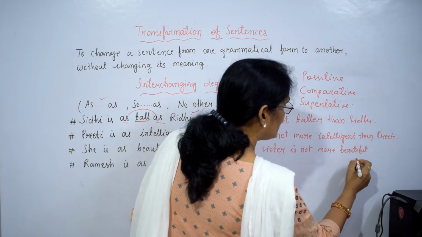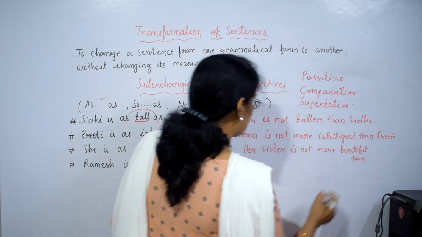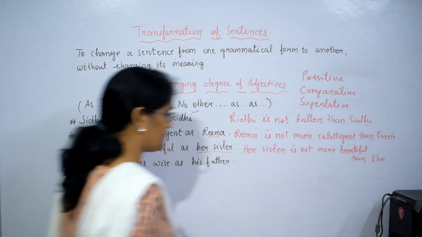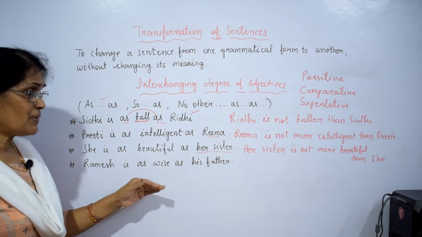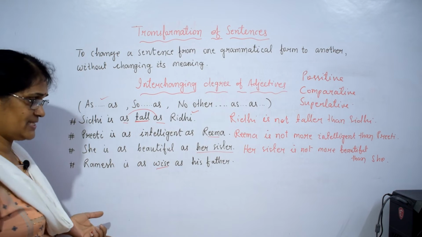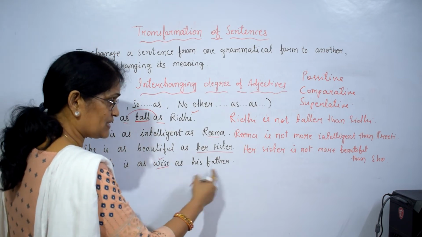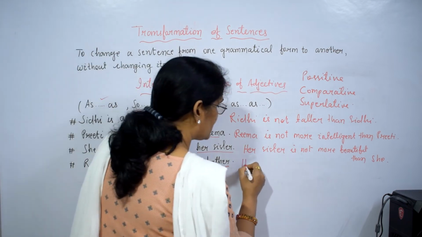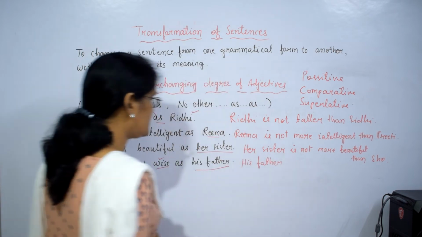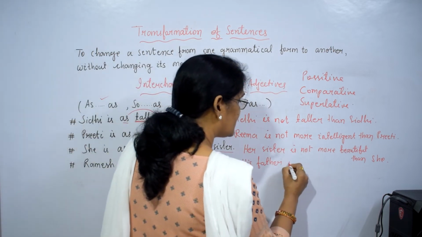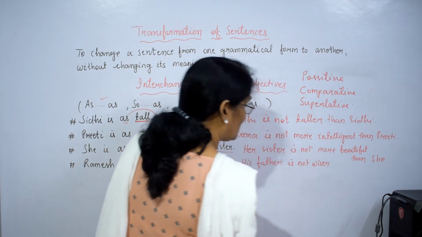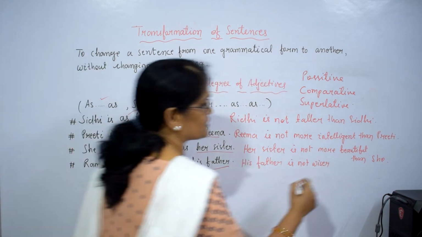Ramesh is as wise as his father. Wise, wiser, wisest. Comparative degree wiser. First you write his father. His father is not wiser than Ramesh.